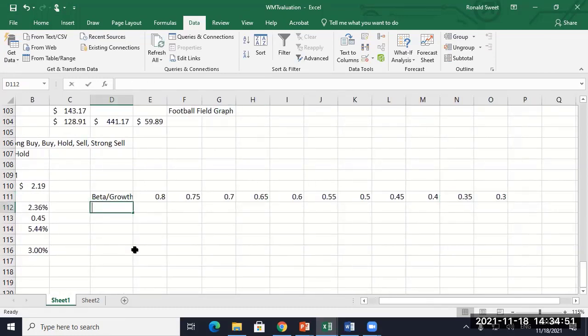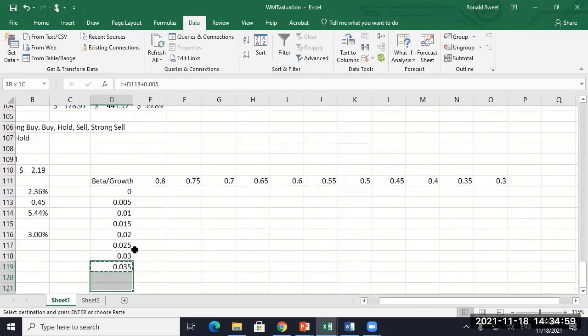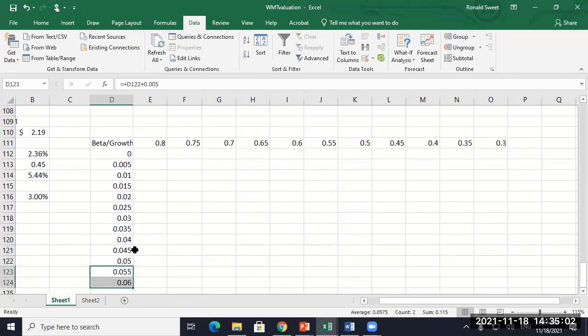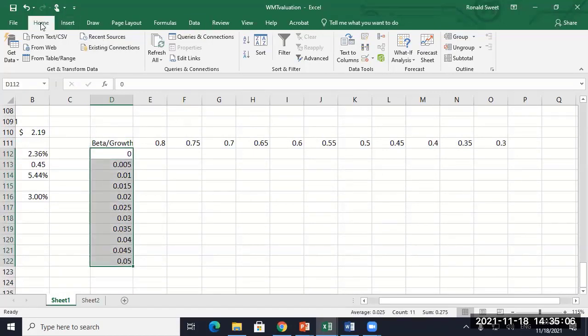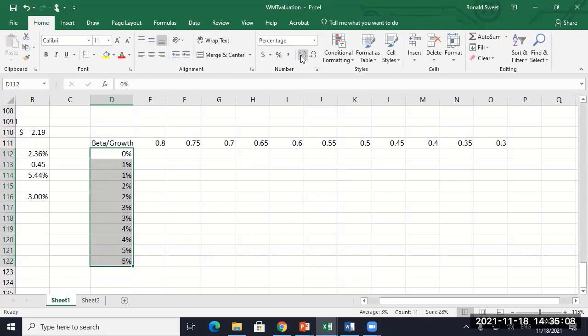And on growth, I'll start at 0, and maybe I'll go up to 5%. I mean, 5% long-term growth for Walmart would be pretty amazing for them. Remember that chart I showed you? They haven't grown that fast in a long, long time. They've been growing 3% for the longest time.